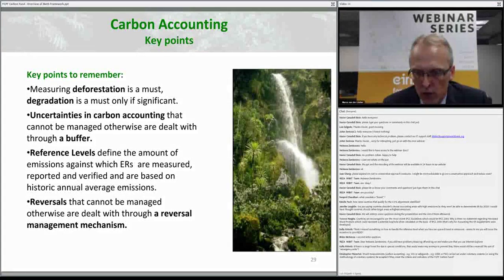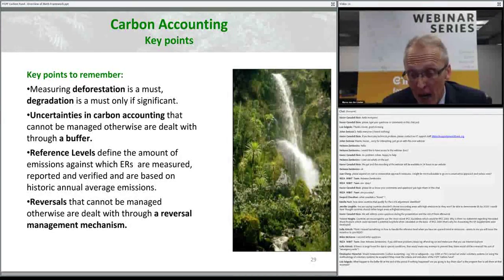The reason why I put up that slide is to show that if you have an upward trend, you need to make a big effort to be able to create emission reductions. So I'm not saying that you should not select those particular areas, but it is something to keep in mind, because when you develop a program and you're expecting emission reductions, the Carbon Fund is payment for performance.